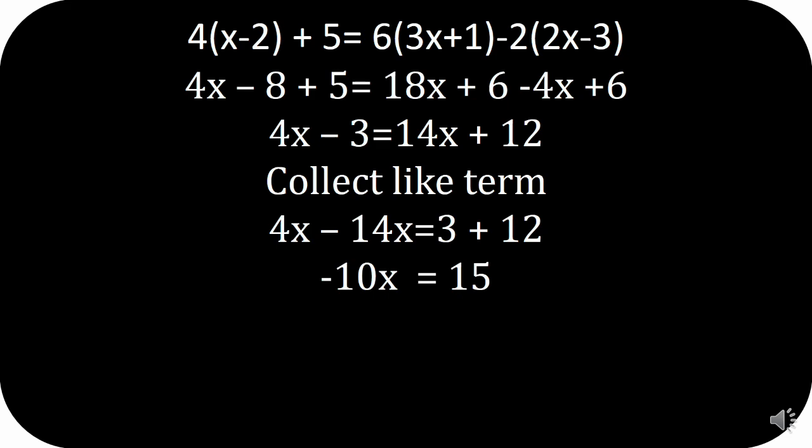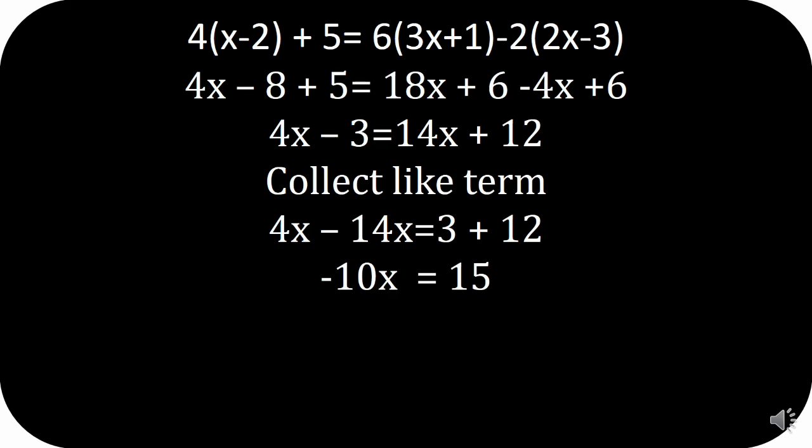So how do I make x the subject from this point? It is either to divide both sides by minus 10, or to multiply both sides by minus 1 over 10. It's still the same thing, but some people choose to multiply both sides by minus 1 over 10. It's just the way you want to put it, but it still means the same thing.